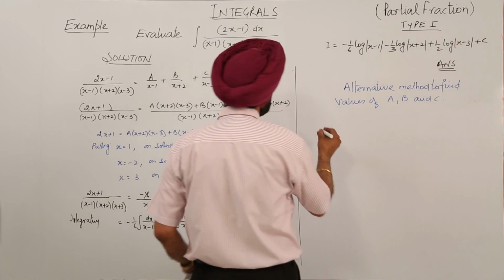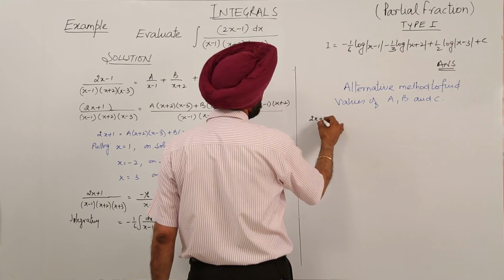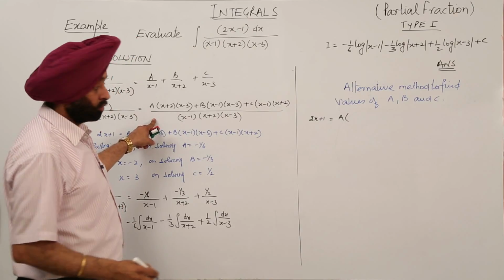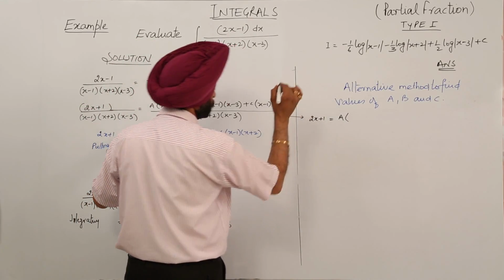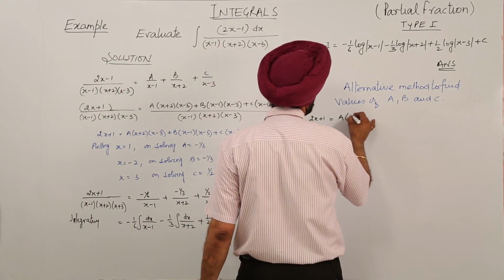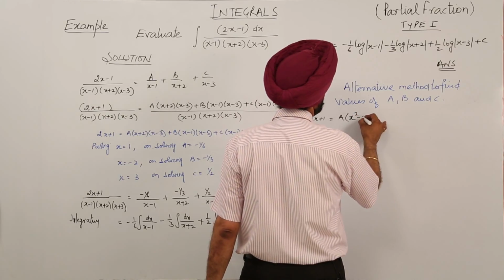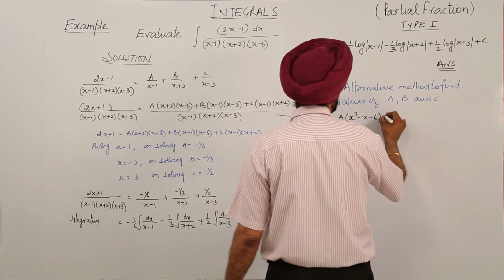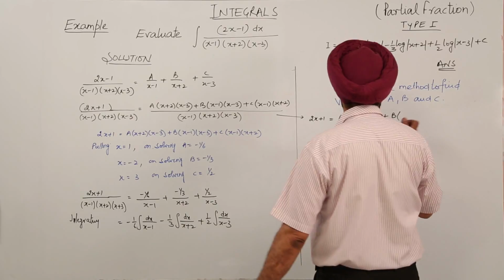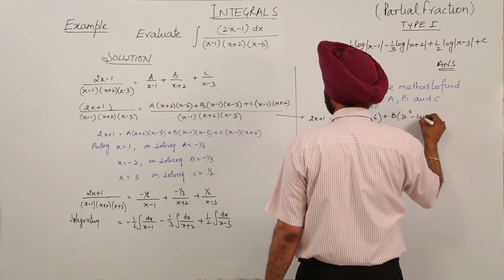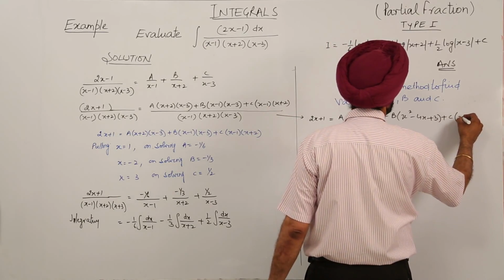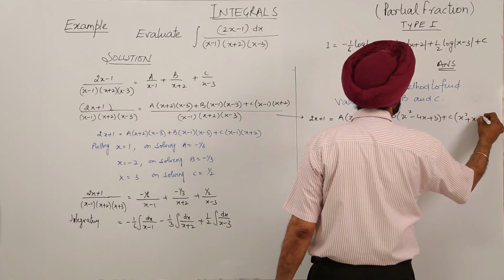Now we were having 2x plus 1 is equal to A, from this part I am going. 2x plus 1 is equal to A, multiplying these two, x square minus x minus 6, plus B, now multiplying x minus 1, x minus 3, we are having x square minus 4x plus 3, plus C, x minus 1, x plus 2, we are having x square plus x minus 2.